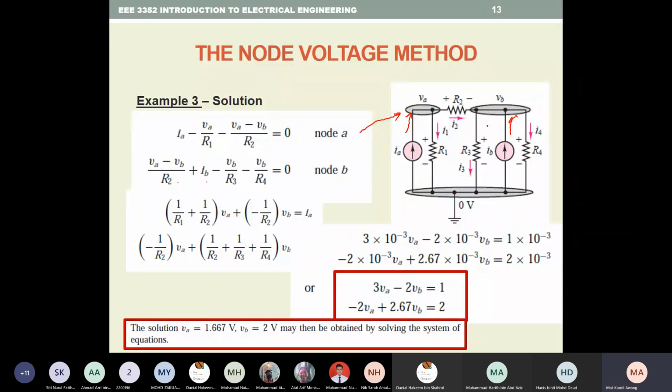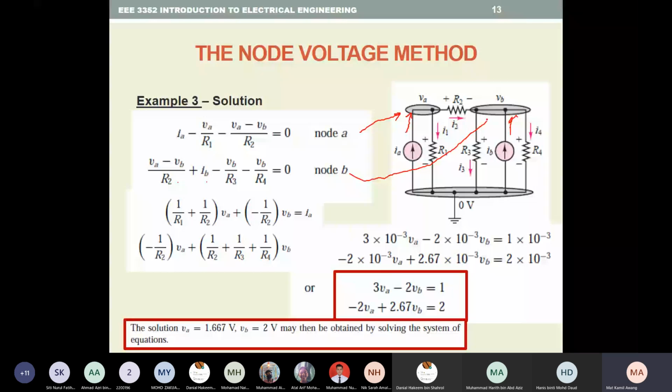And we have I3, which is VB minus 0 divided by R3, and I4 is VB minus 0 divided by R4, equal to 0. So this is for node B.